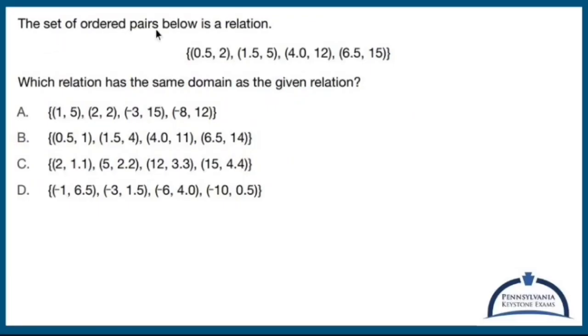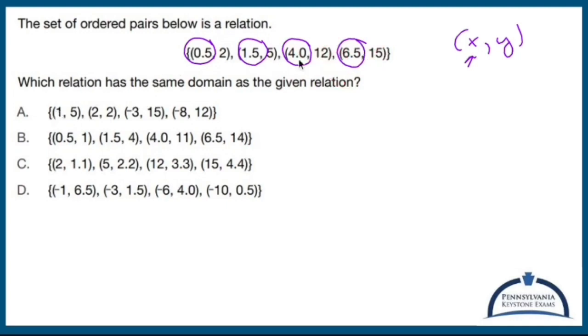The set of ordered pairs below is a relation. It sure is. Which relation has the same domain as the given relation? Domain means the x values. So I need something where I have x values of 0.5, 1.5, 4.0, and 6.5.